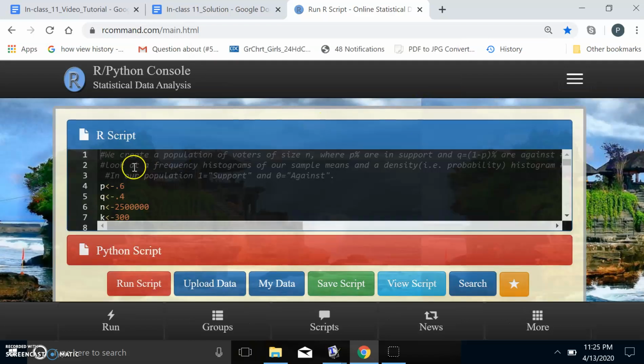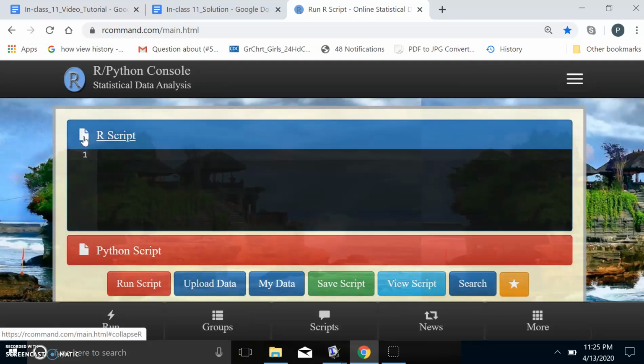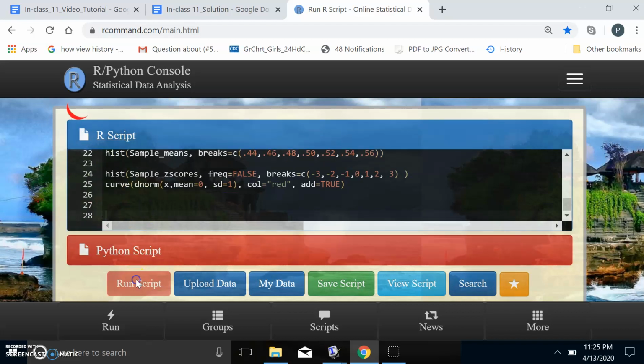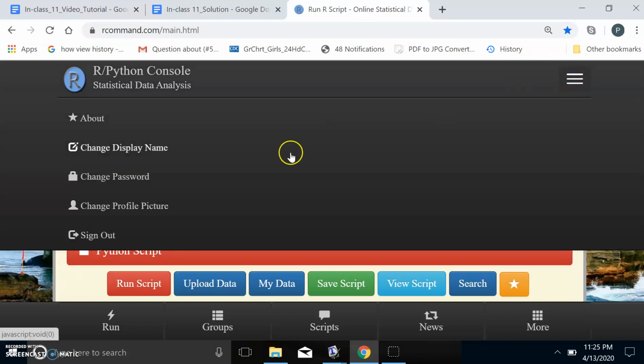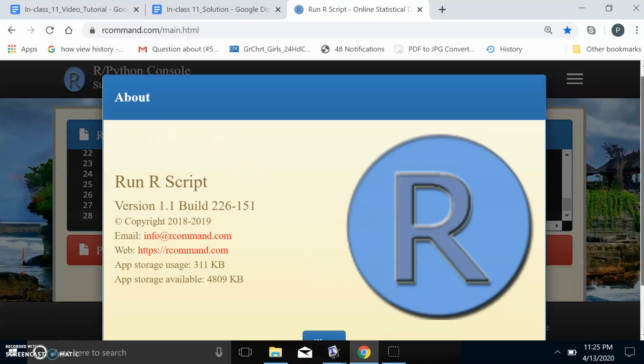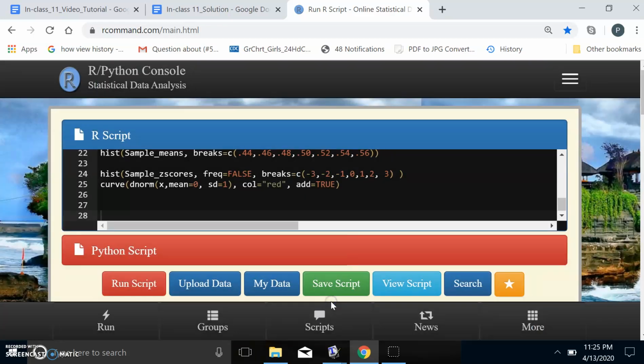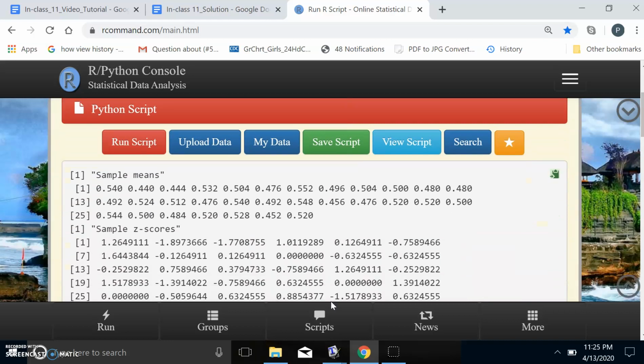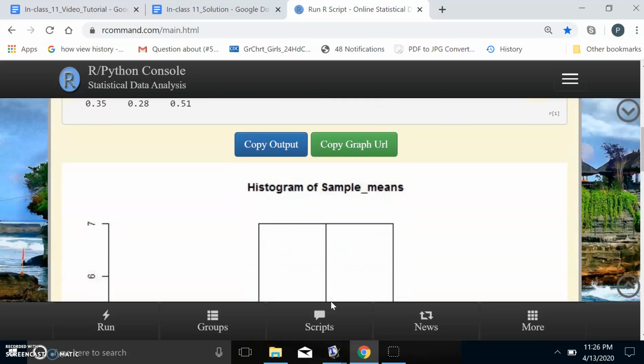All right, so let's get rid of this. Run it here. Okay, let's scroll down. So there's our output there.